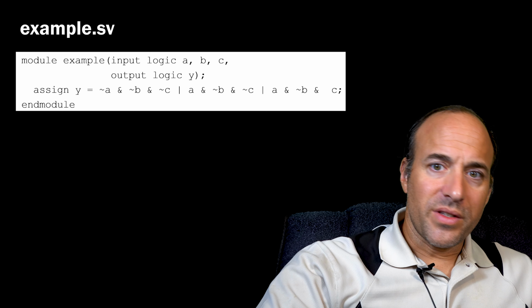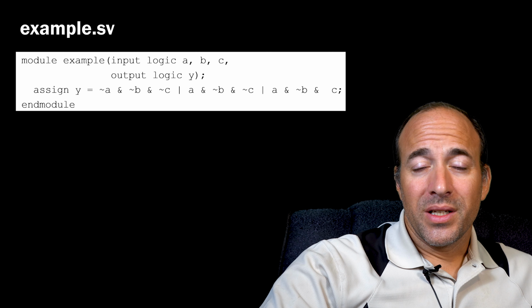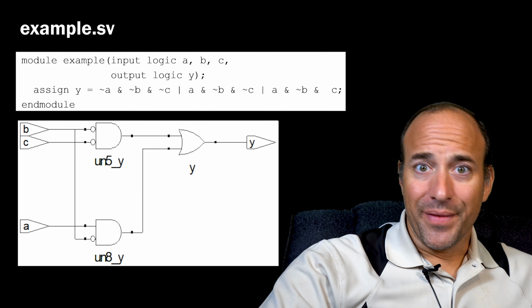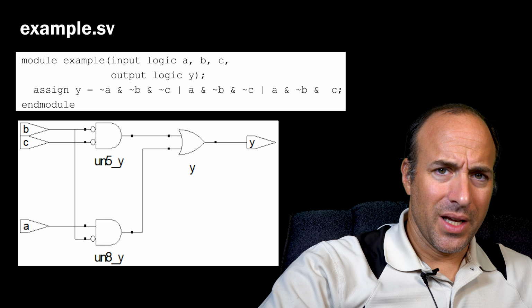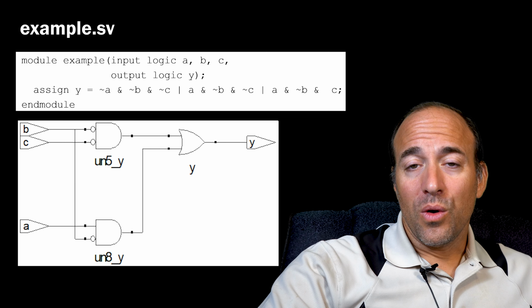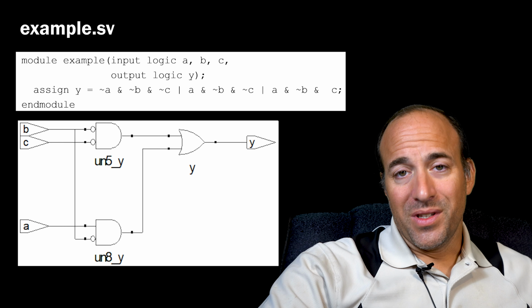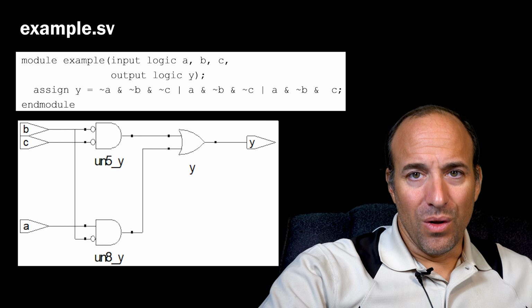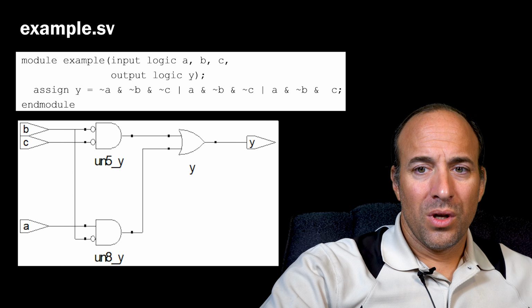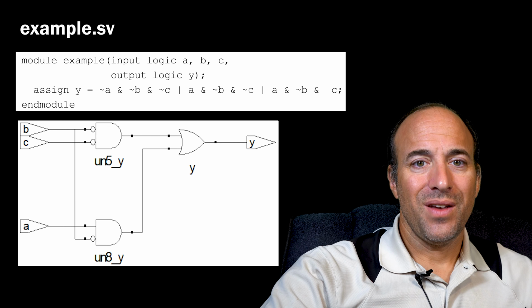If this module were synthesized, the synthesizer might generate a gate level structure corresponding to this module, as shown here. Although there are many possible ways that this design could be synthesized into a gate level structural design that has equivalent behavior.